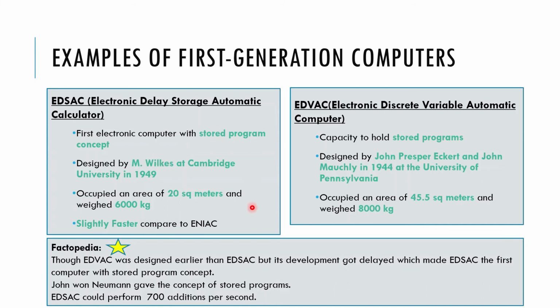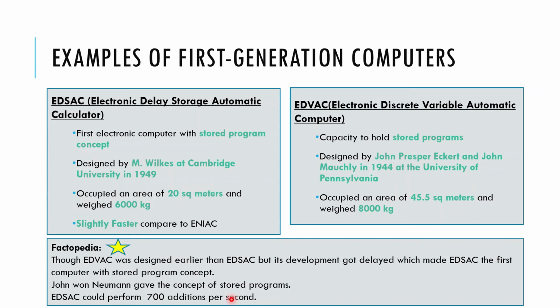Though EDVAC was designed earlier than EDSAC, its development got delayed, which made EDSAC the first computer with the stored program concept. Now, who was the person who gave the concept of stored program? It was John von Neumann. EDSAC could perform 700 additions in a second. So it was faster compared to ENIAC.